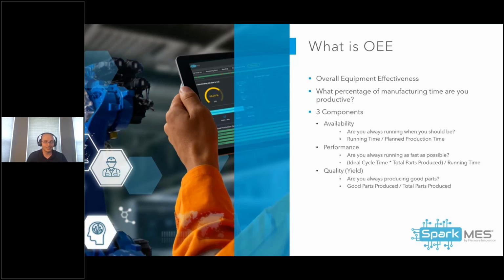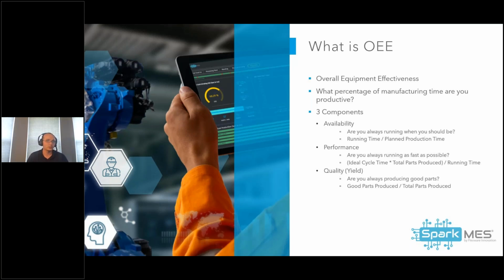The way this gets calculated is it takes your machine's uptime, meaning how often the machine is actually producing parts or able to produce parts, divided by the amount of time that's planned to be up. Note that planned time does exclude scheduled downtime. So obviously, if you don't work the weekends, you don't want that counting against your availability stat.